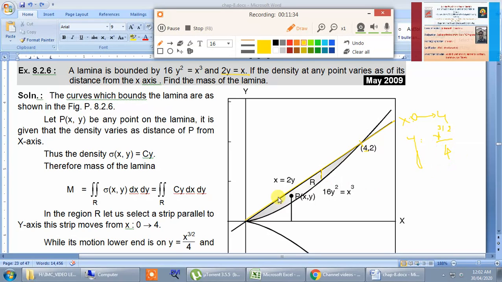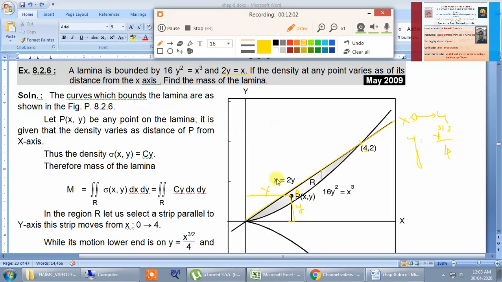Now let us talk about density, because we cannot find mass of lamina unless we know density. Here it is given that density at any point varies as its distance from x-axis. So let us take any point P(x, y). The point's distance from x-axis is y, and the point's distance from y-axis is x.